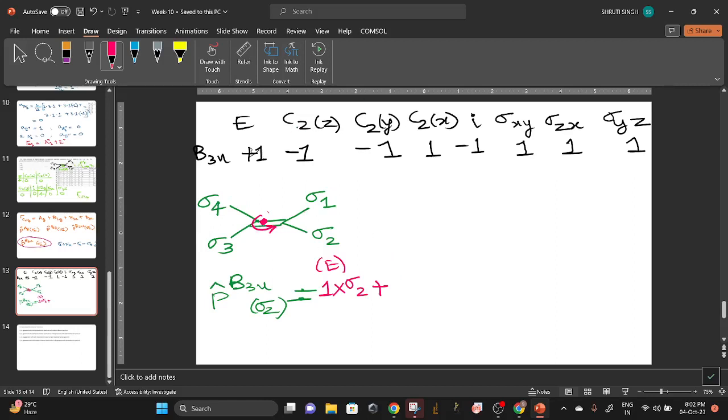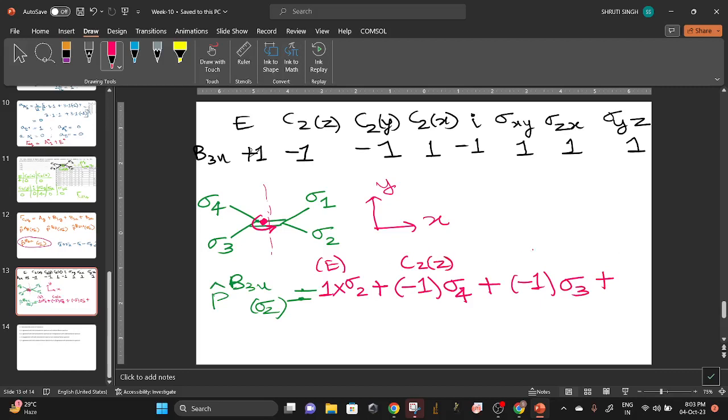But the character for C2Z is minus 1, so we multiply minus 1 by sigma 4. Next, C2Y. Y was in this direction, so C2Y will be like this. Sigma 2 will change with sigma 3, and the character is minus 1, so again minus 1 times sigma 3. This was for C2Z, this is for C2Y.